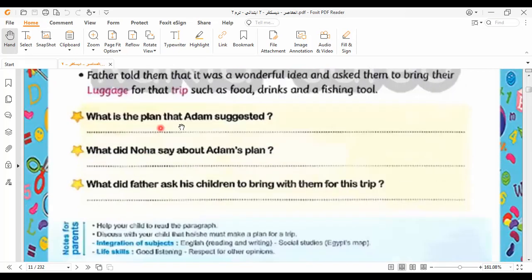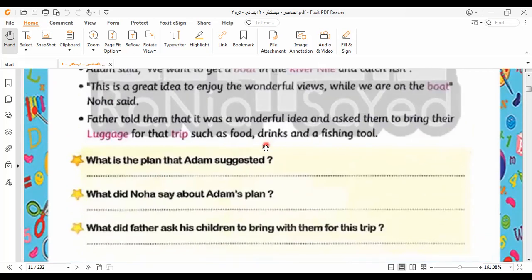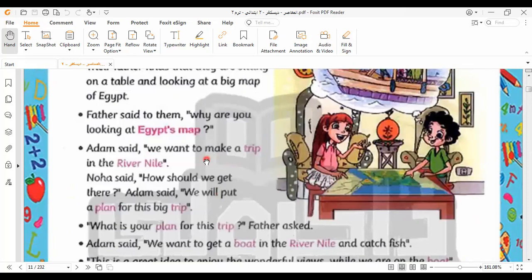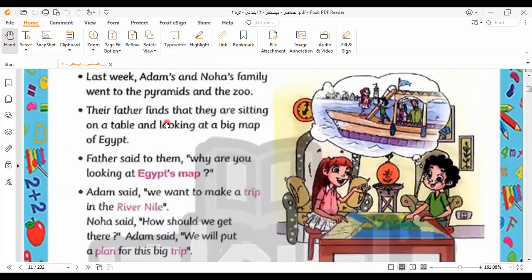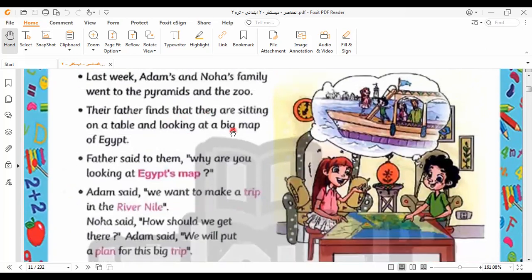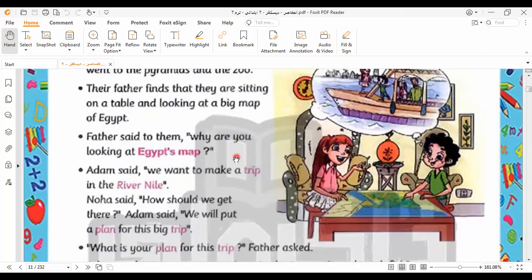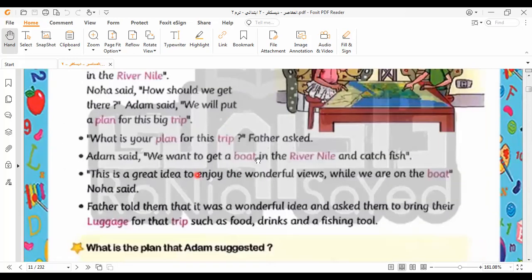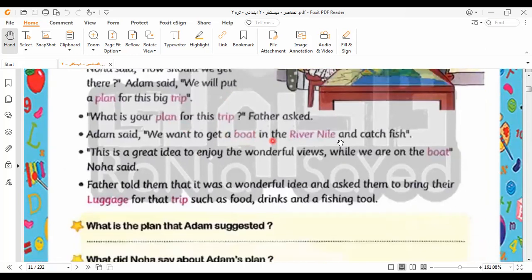What is the plan that Adam suggested? It means suggested to do what? The plan that Adam suggested. Adam suggested to get a boat in the river Nile and catch fish.